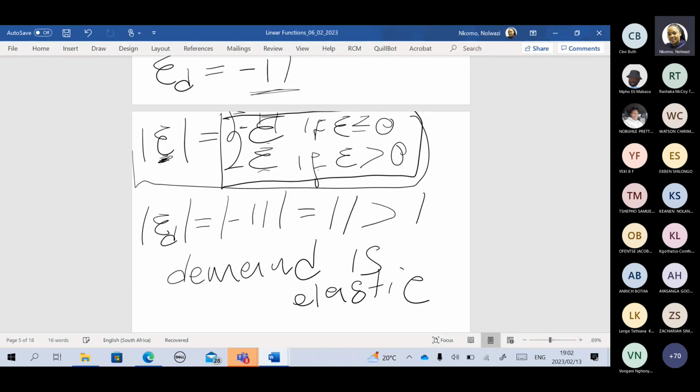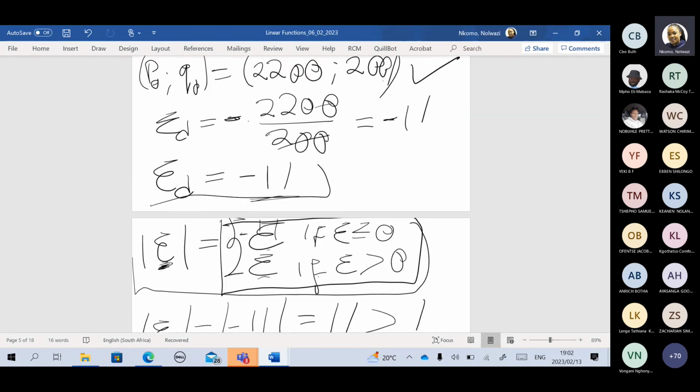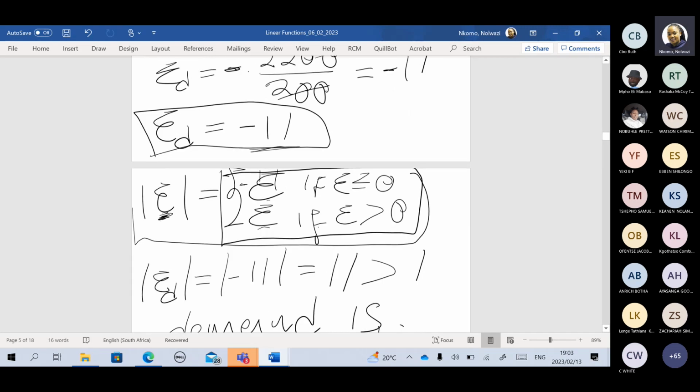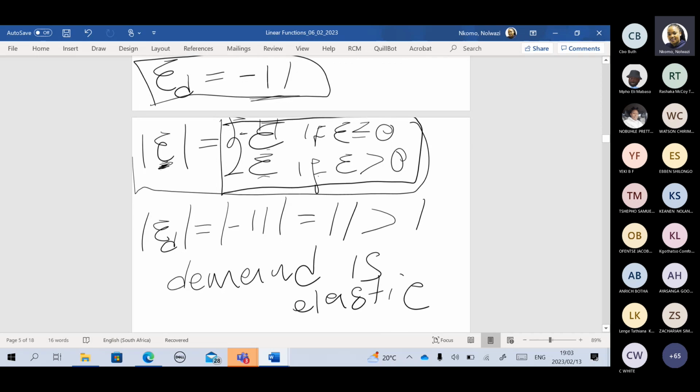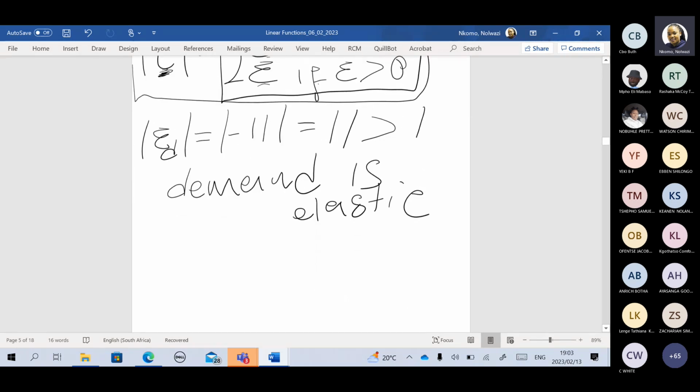Okay, you don't just end here after obtaining the elasticity of demand. You still have to interpret it. Okay, this is us interpreting it. We said the elasticity of demand is equal to minus 11. Then the next step is to interpret its absolute value.